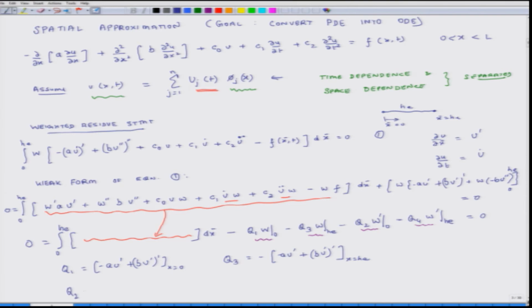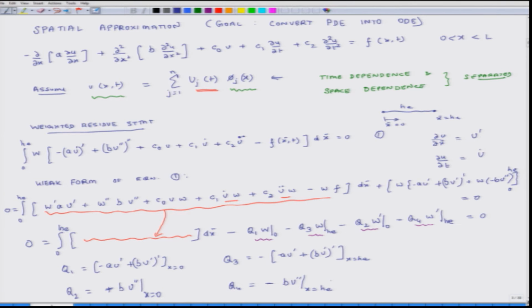And Q 2 equals minus B u double prime evaluated at x equal to 0, and Q 4 equals, oh, there should be a plus sign here, and minus B u double prime evaluated at x equal to H e.